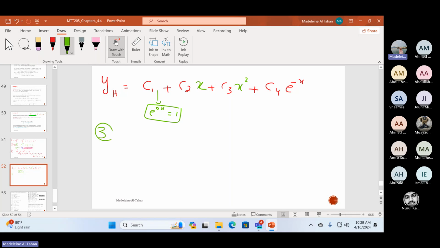Now, step number 3, we will work with YP1 and we will also work with YP2. So YP1 is equal to A, right, miss?